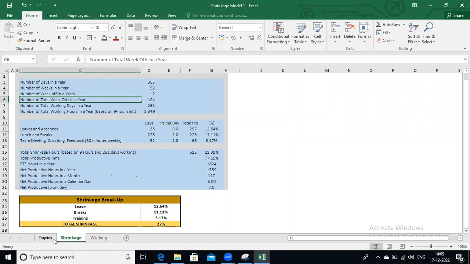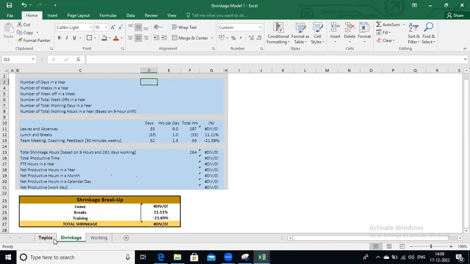Here I've taken the total week offs in a year. So I've taken 365 days, 52 weeks in a year, and 2 week offs, and I multiplied 52 by 2, that is 104.